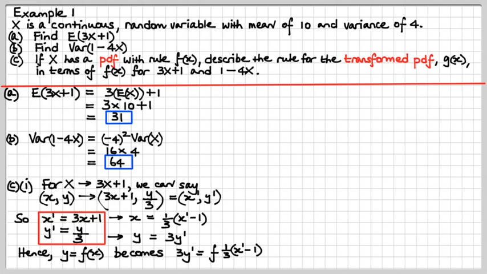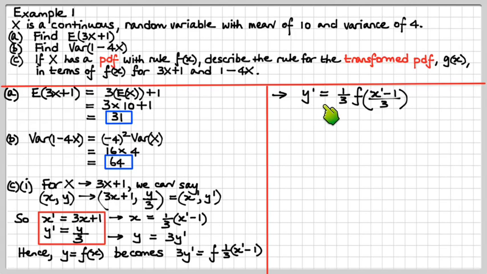Very good. Now, y equals f of x becomes, in terms of the transformed variables, the y is this thing, and the f of x is such that the x is this funny looking thing. So we've got 3y equals that thing.